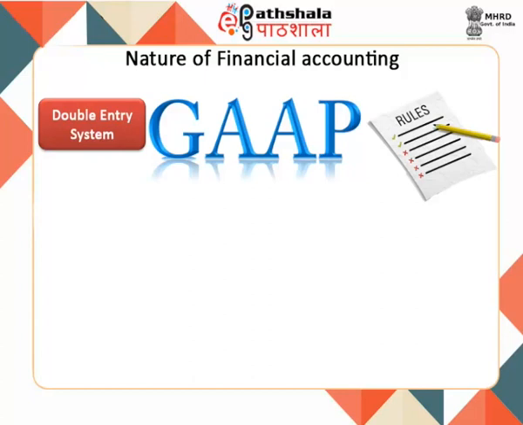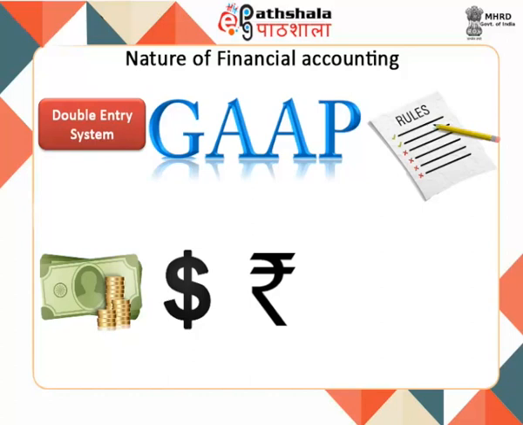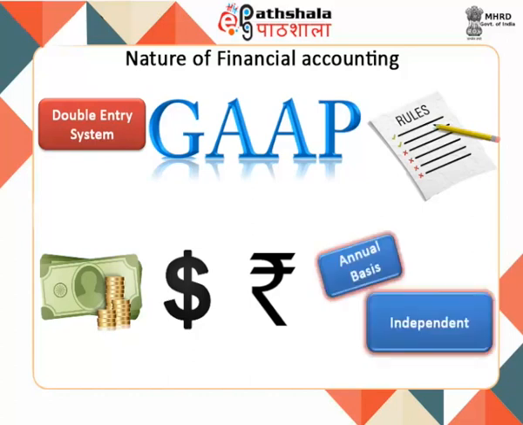It is expressed in monetary units such as dollars, rupees, etc. Financial accounting is capable of giving only monetary information. It is precise in nature and deals with historical data only. It is usually on an annual basis and is independent in nature.